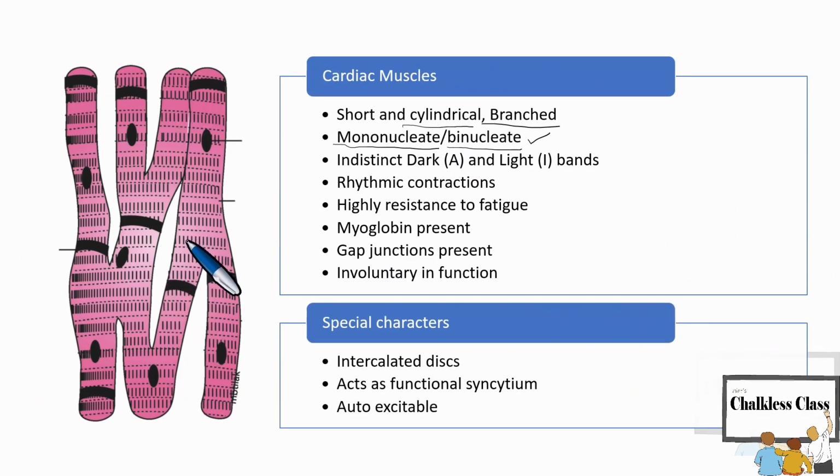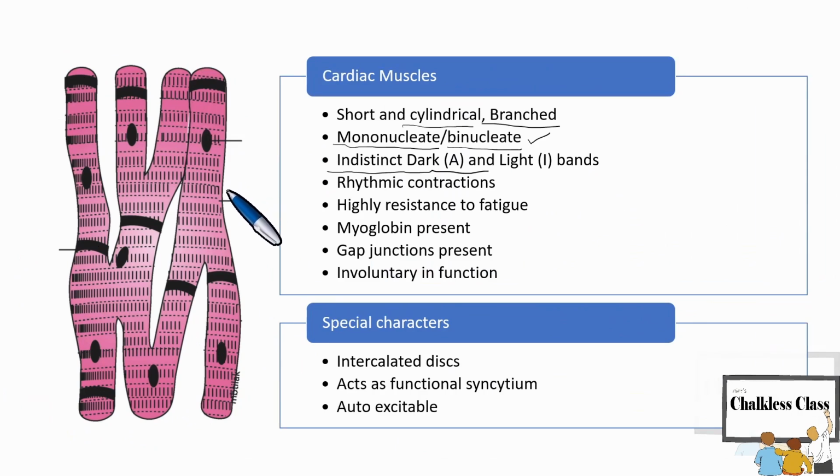One or two nuclei is given, but in the NCERT book, it is mentioned that these are single nucleated cells. These also have dark and light bands like striped muscles, but these bands are not distinct. So indistinct dark and light bands are present.